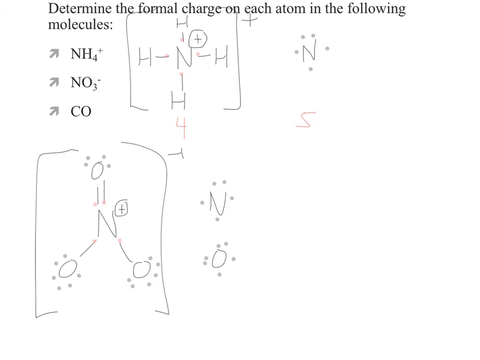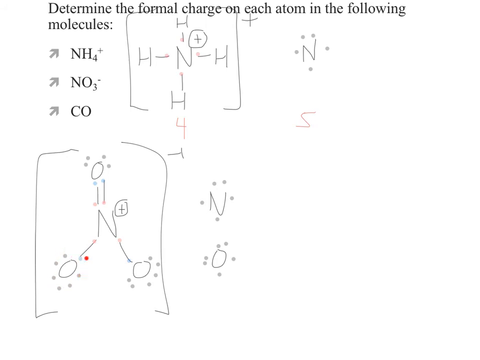This oxygen up here has 6 electrons on it. We count those single from the bonds. That's what it's supposed to have. It's supposed to have 6 electrons. They don't have to be in the same order, but it has 6, and normally it has 6, so 6 and 6 is good. These other oxygens, however, have 1 extra from this bond. They each have 7: 6 of their own, and this extra 1.